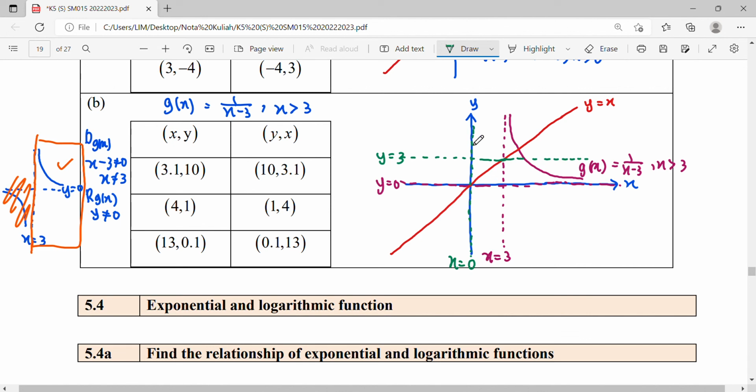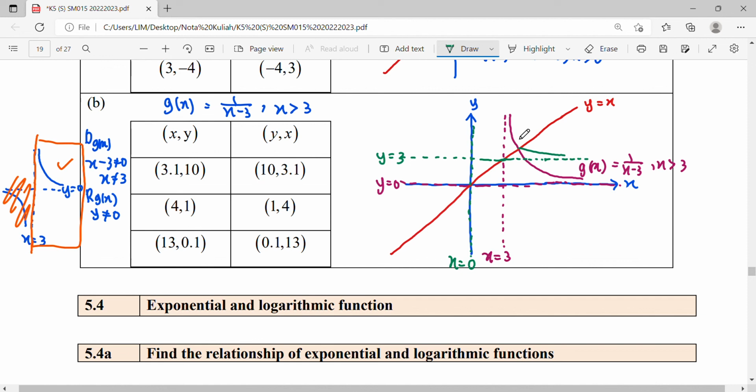Now I'm going to observe the graph. For this part, touching the reflection axis here, so here will occur the reflection of the graph, which is going near to the asymptote.